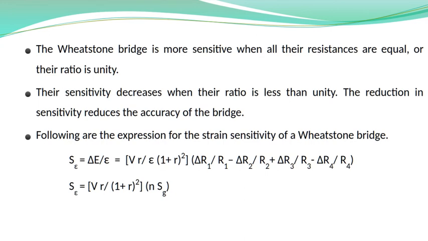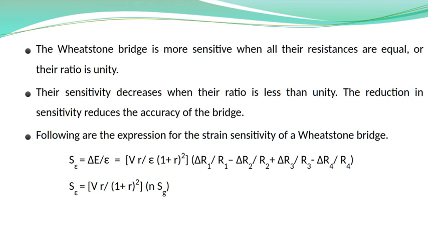If all the resistances in Wheatstone bridge are equal, or the ratio of resistance is unity, Wheatstone bridge is more sensitive. Its sensitivity decreases when the resistance ratio becomes less than 1, and if the sensitivity reduces, eventually accuracy also decreases.